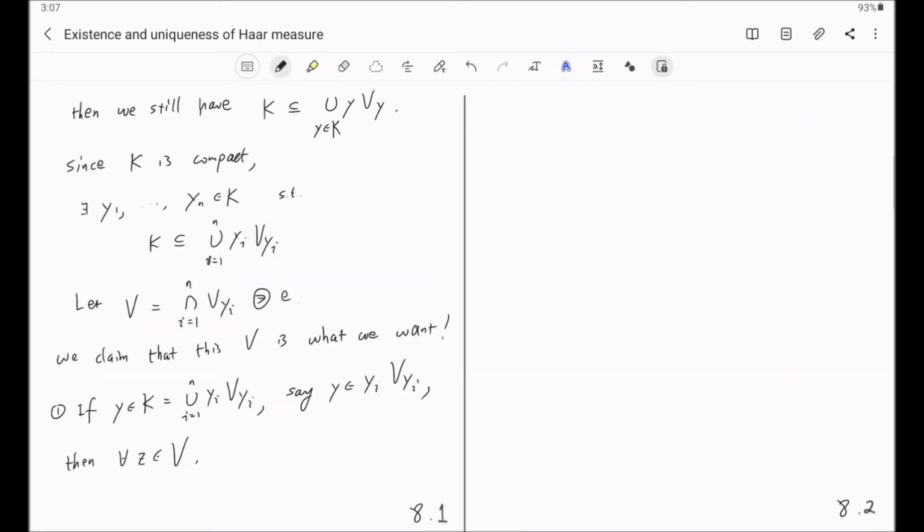By the triangular inequality, this absolute value of f of yz minus f of y is less than or equal to, we'll insert f of yi, and we claim that both of those two parts are less than half epsilon.